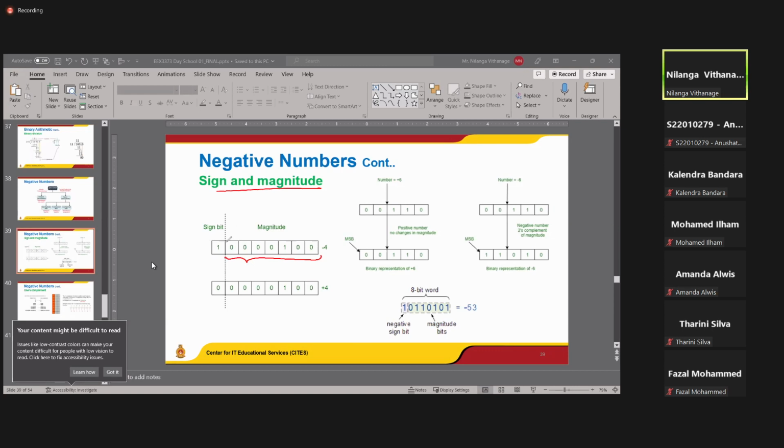The sign bit represents the sign of that particular number. If it is 1, it is a minus number. If it is 0, it's a positive number. This is one method.